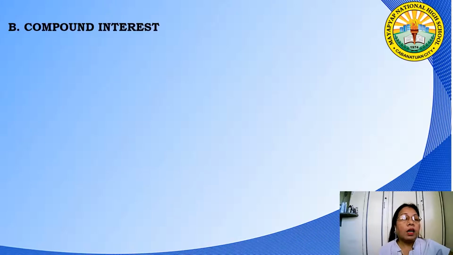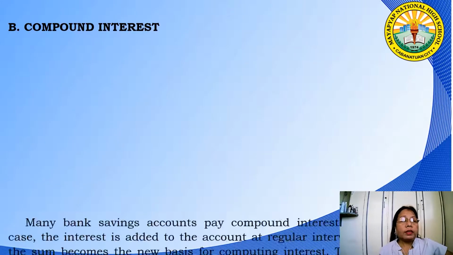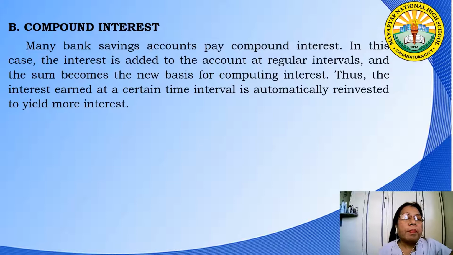Then for compound interest, many bank savings accounts pay compound interest. In this case, the interest is added to the account at regular intervals, and the sum becomes the new basis for computing interest. Thus, the interest earned at a certain time interval is automatically reinvested to yield more interest.